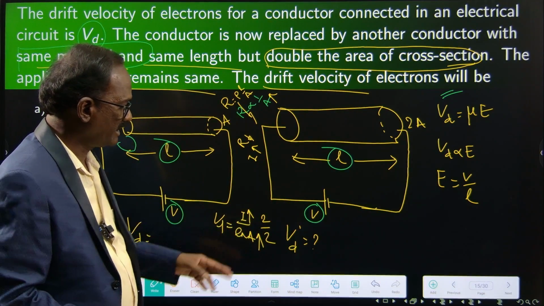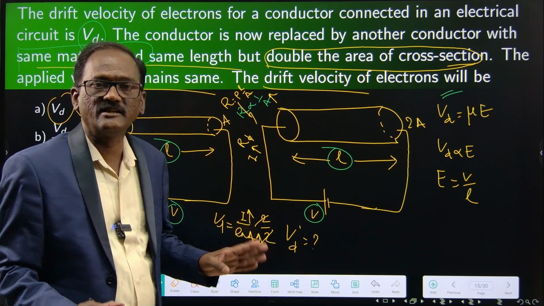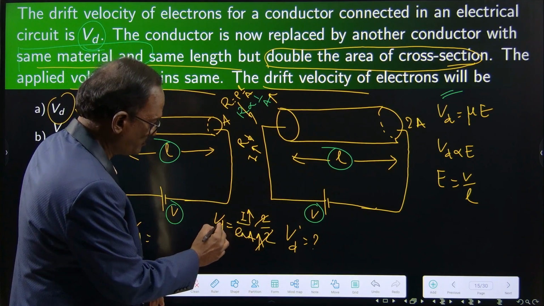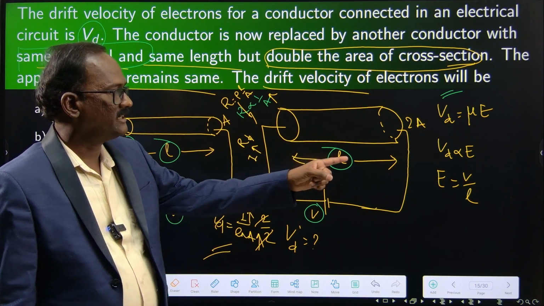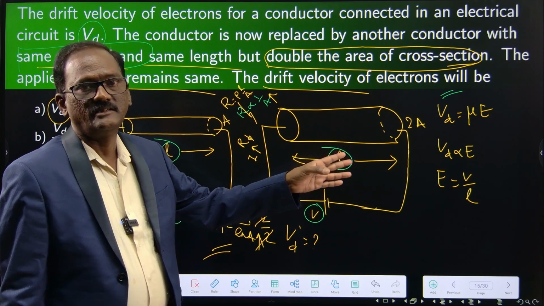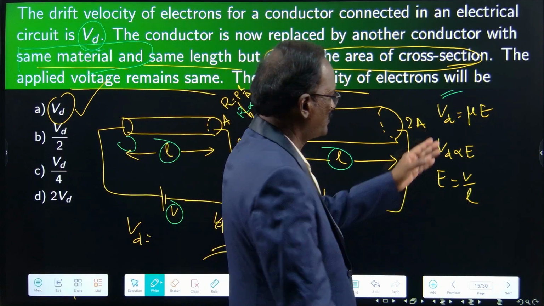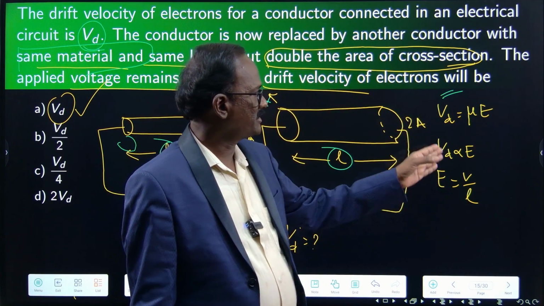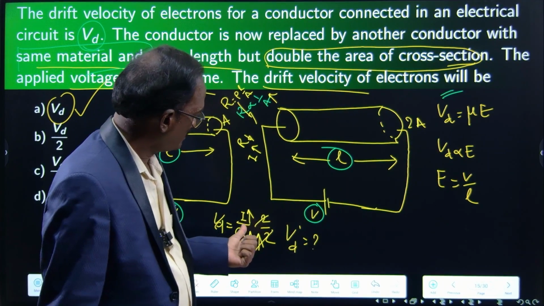Current is doubled, area is doubled, it will be cancelled. Again, I divided by nEA will remain. That is why Vd does not change. If V and L are constant, it is going to be the same value. So this formula is easy. We can apply this formula to find the result. This is the concept.